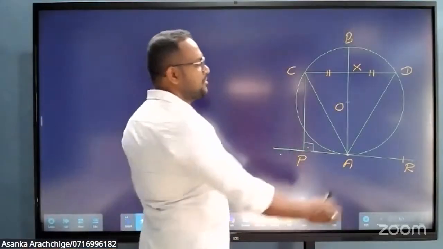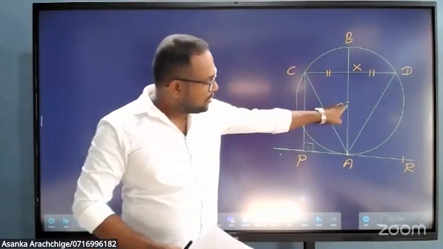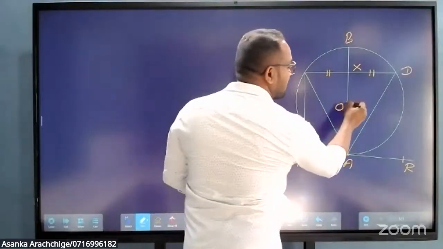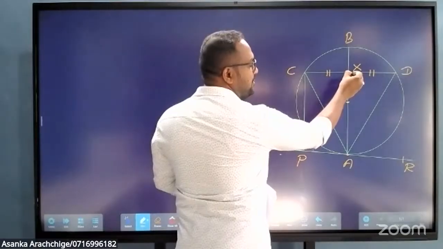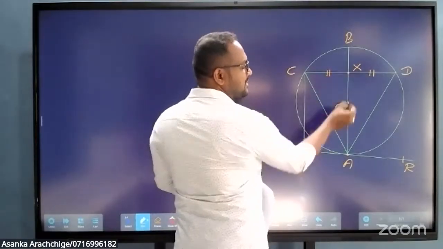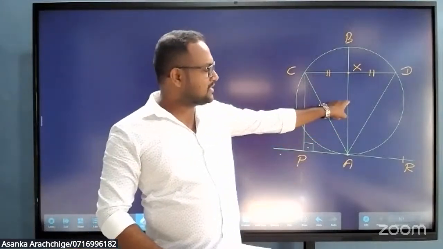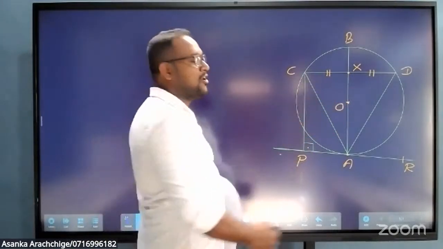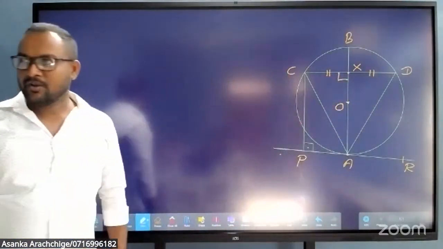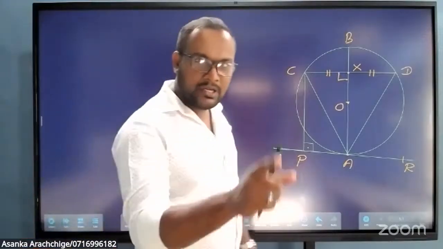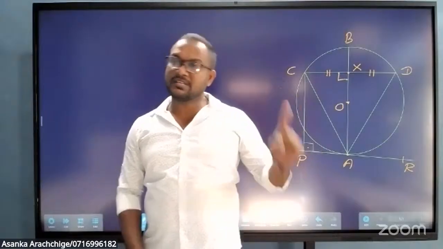Look, CD is a chord. O is the center of the circle. Then what can you say? This is the midpoint of the chord. The straight line joining the center of a circle to the midpoint of a chord is perpendicular to the chord. One of the theorems you learned in the grade 10 syllabus in the lesson chords of a circle.